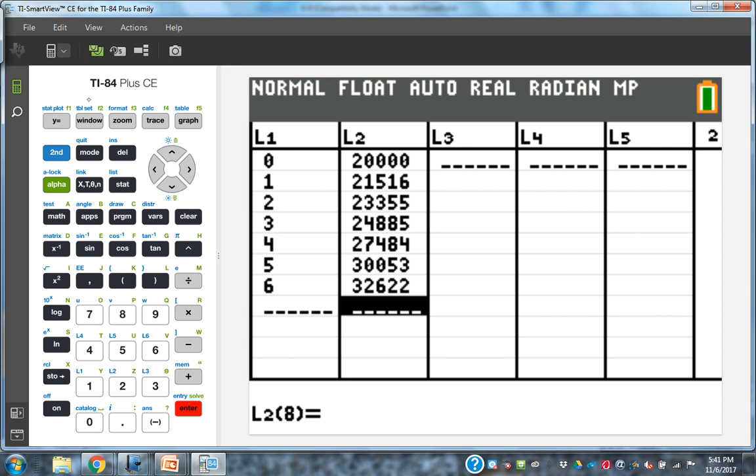All right, once I put that in there, I can draw a scatter diagram of that, or scatter plot, with my graphing calculator by pressing second y equals.